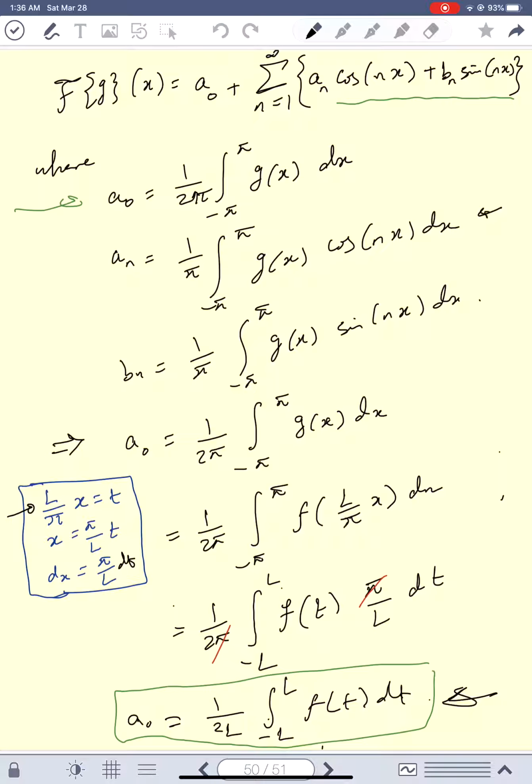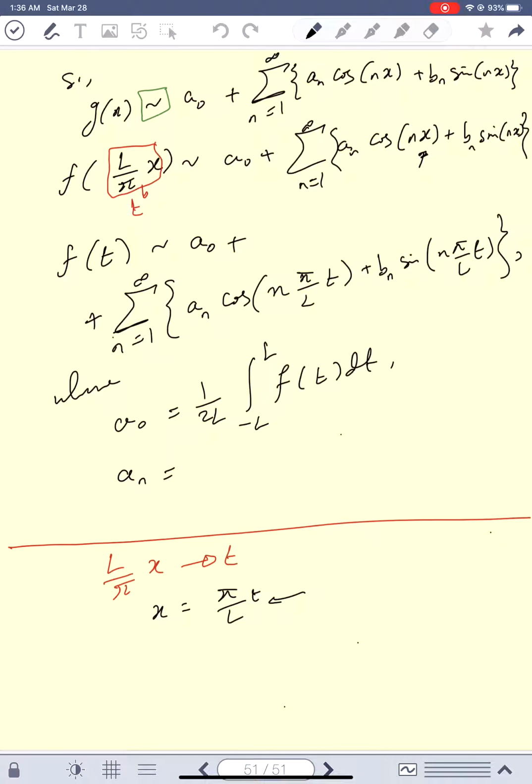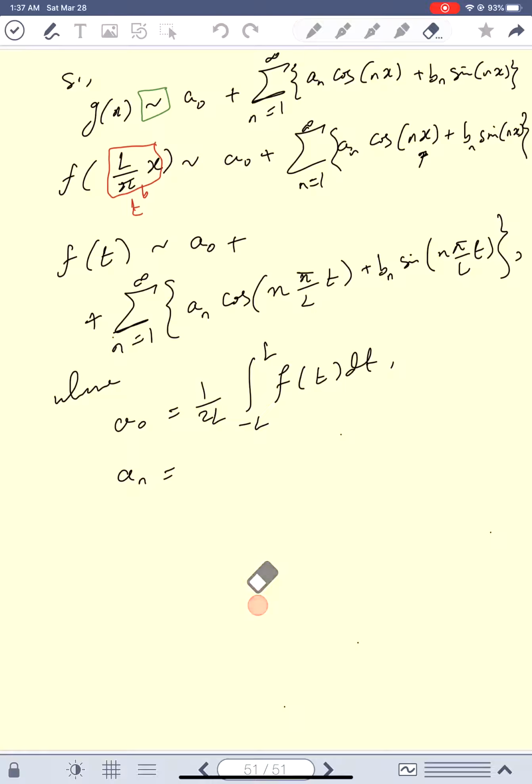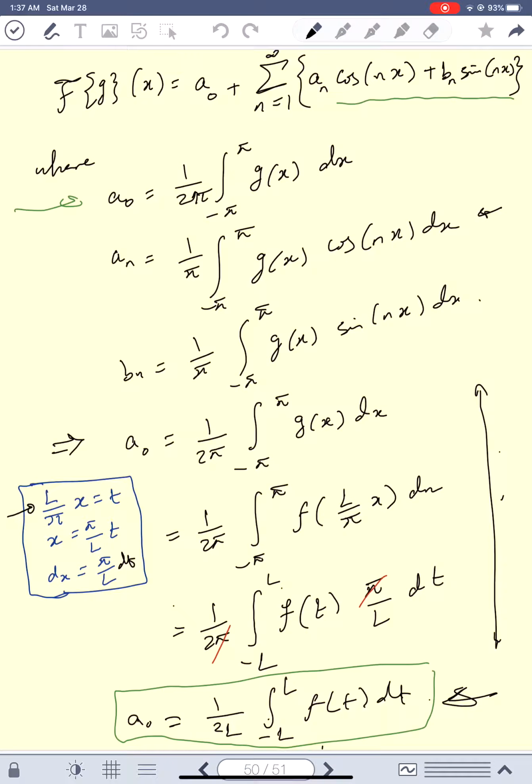a_n has this formula. But if you do the same analysis, if you write a_n equal to this and you substitute L over pi x equals t, what you get is very similar. So what was a_n when the period was 2 pi? It's 1 over pi.